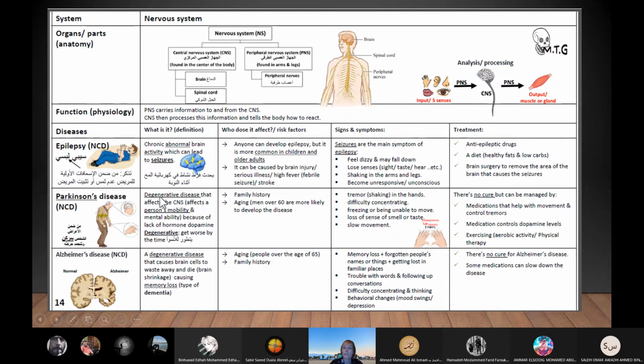Parkinson's disease, this is the disease that slowly breaks down our ability to communicate with the rest of our body, okay? So sometimes the message is getting through and we would move our hand, and then other times it's not getting through. So this causes shaking.